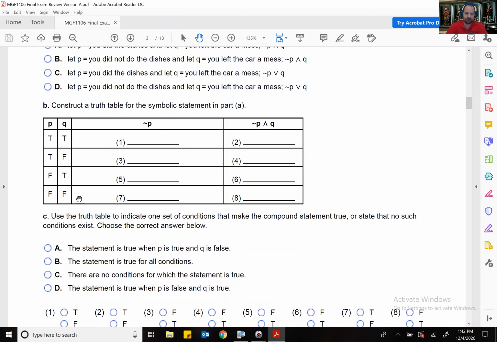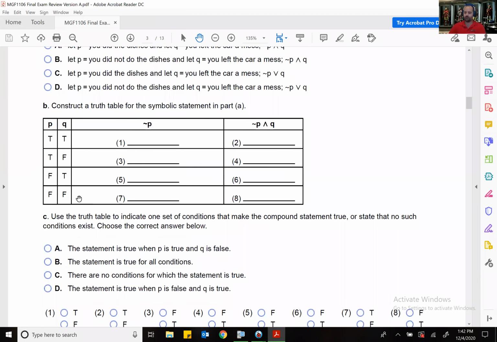Now it wants us to construct the truth table. That's not hard to do. Hold on one second.